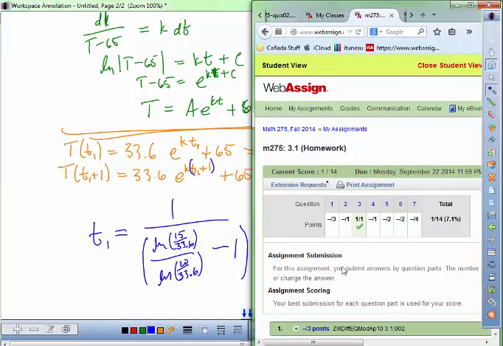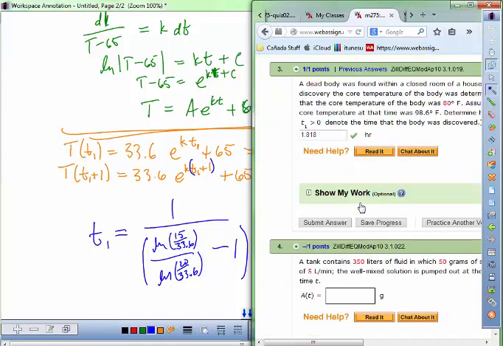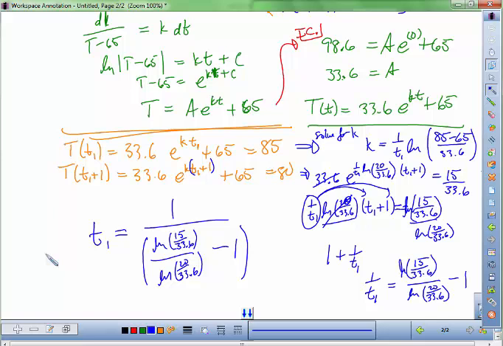All right, looks like it worked. So it's just a big algebra mess, intermediate algebra, or sometimes it's seen in pre-calculus, but it's just a bunch of logarithms and exponential functions and solving for variables.